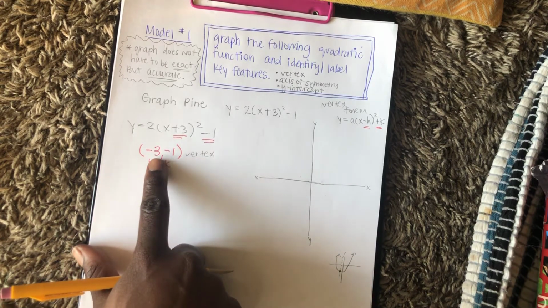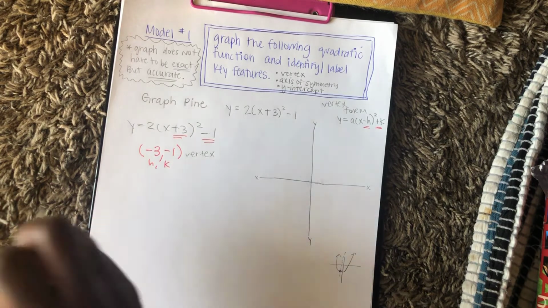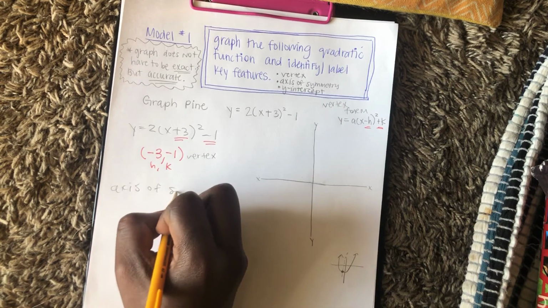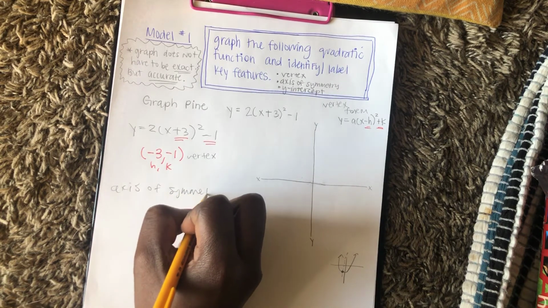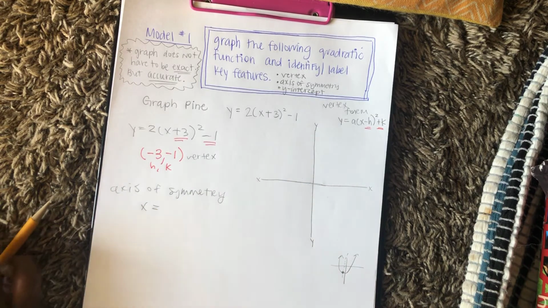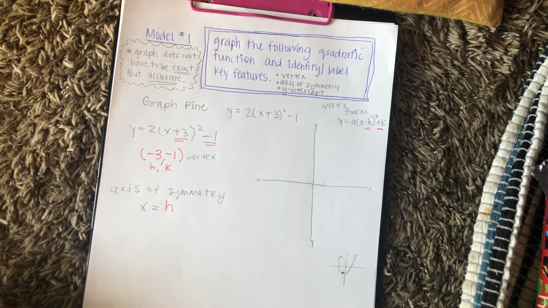So our vertex already actually tells us our axis of symmetry, okay? So our axis of symmetry is essentially our h value in our vertex.